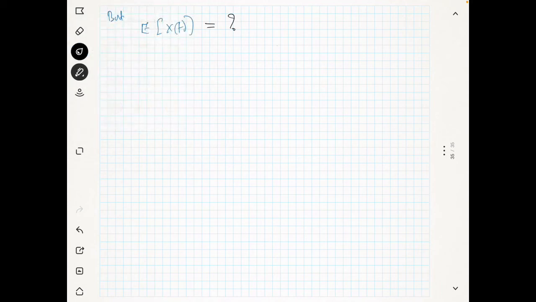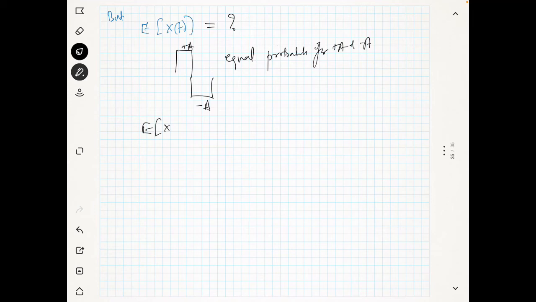What is it? You know that it is having an amplitude plus a, and sometimes it is having an amplitude minus a, with equal probability for plus a and minus a. If both are having equal probability, then what is the expected value? The expected value of x of t can take the value plus a or minus a, each with probability one half.